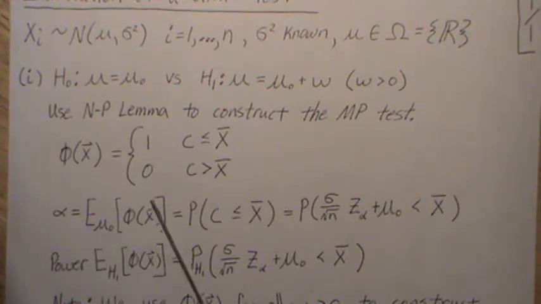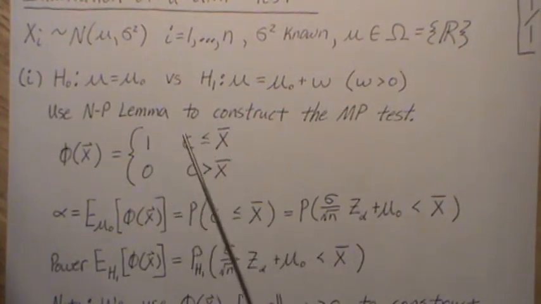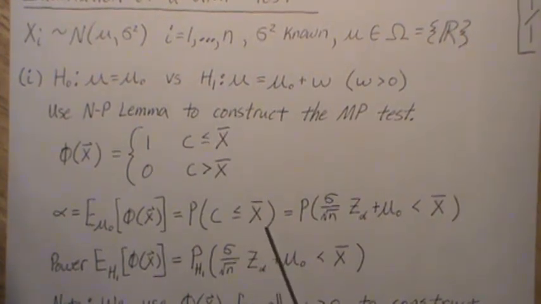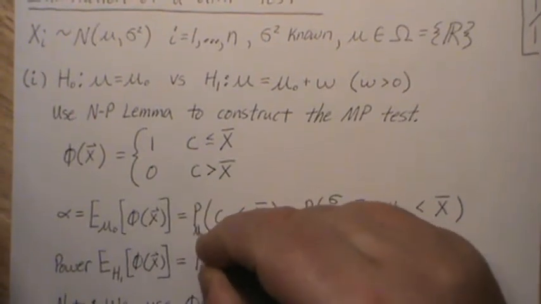So alpha is equal to the expected value, and the expected value is just this probability, right? Expected value of a discrete random variable is the value times the probability of it happening. But this is 0 and that's 1, so it's just the probability. So it's the probability that x bar is greater than c, and I probably should have put under the null hypothesis there, so I'll put a little mu naught.